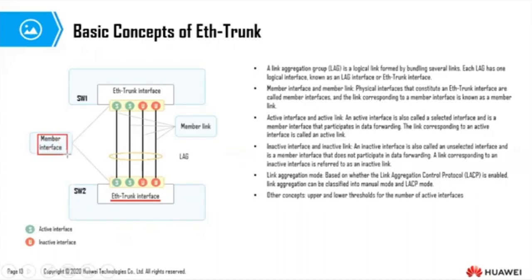The links that are interconnecting the member interfaces, on the other hand, are called member links. And now, that logical pipe that you've created is called a LAG. LAG is link aggregation group.